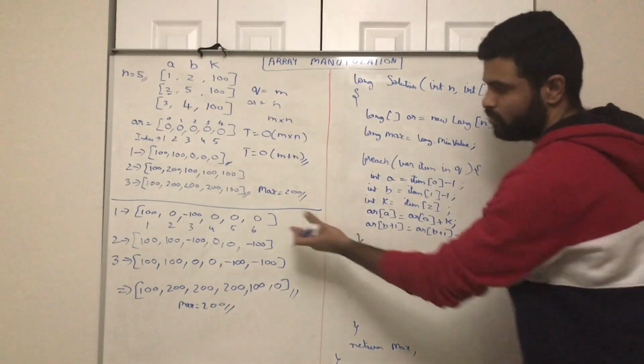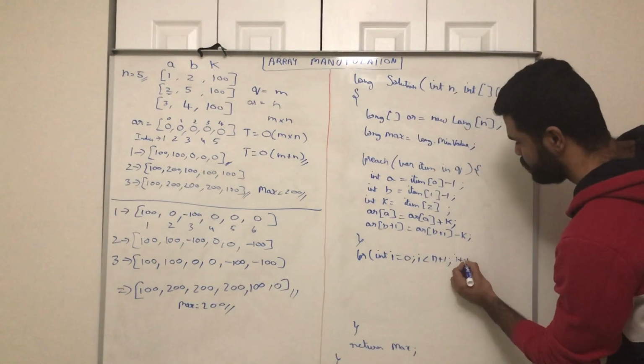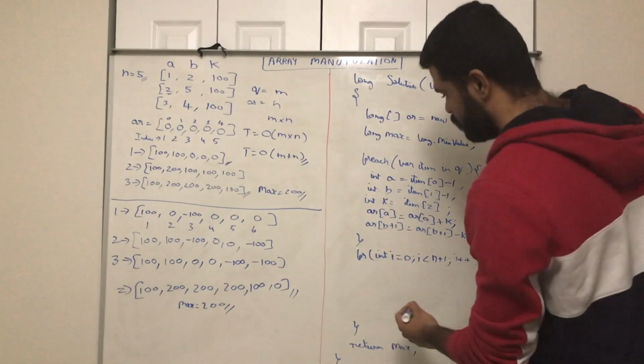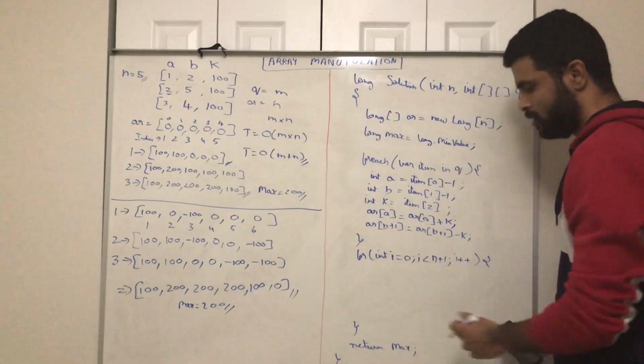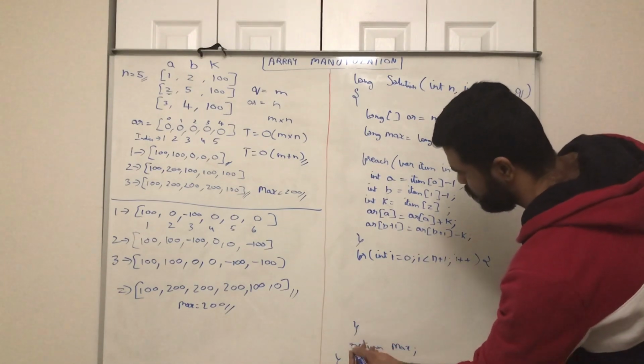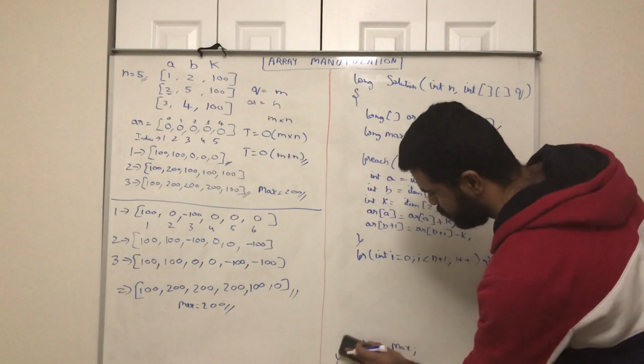Why? Because I took the array of length 6 here, i plus plus. Okay, and I'll close the for loop.